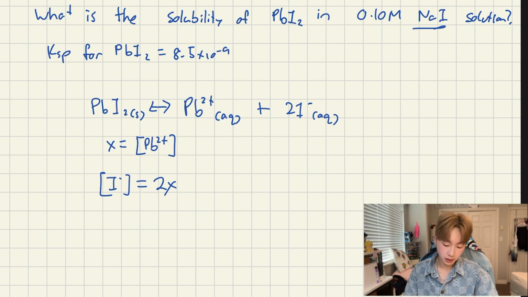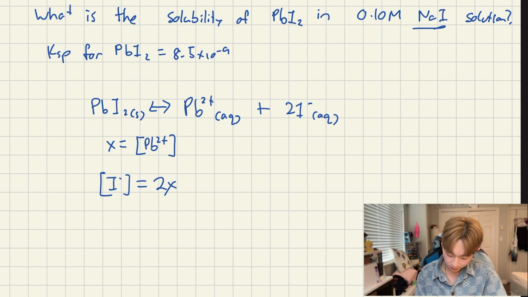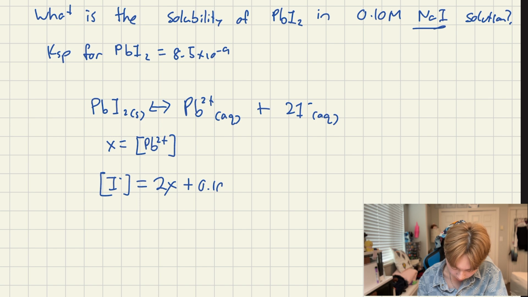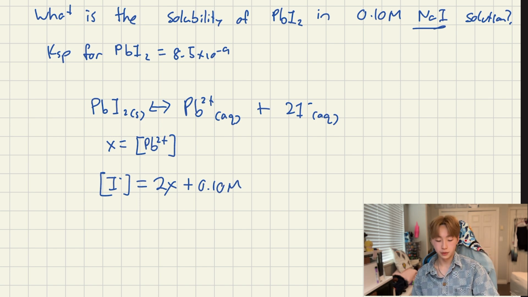Except you've got to remember that we're adding this into a 0.10 molar NaI solution. We know that NaI is soluble because Na is very soluble. And we're going to add 0.10 molar to whatever the iodine concentration is, because it's sitting in the solution of iodine.